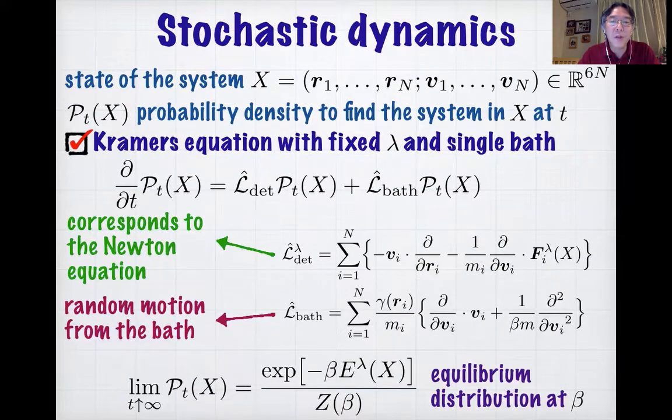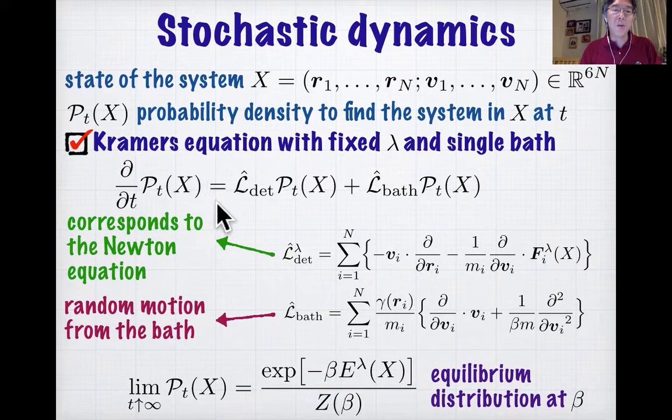And stochastic dynamics, again with the same notation. Here, P of t of x is the probability density to find the system, the engine, in the state x at time t. And I first assume that the parameter lambda, like the position of the piston and so on, is fixed, and there is only a single bath. In this case, the standard time evolution for this probability density is given like this.